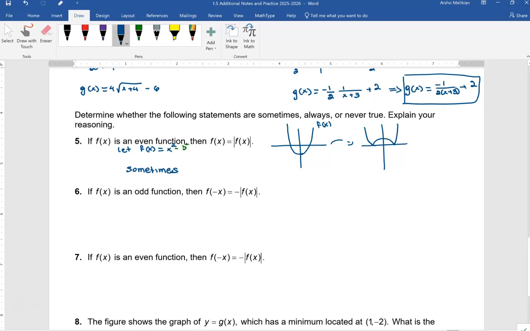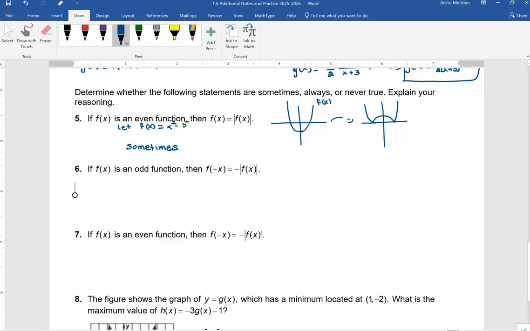If f of x is an odd function, then f of negative x is negative f of x in absolute value. Well, okay, so let f of x equal x cubed. Then f of negative x is not the absolute value of it, right?